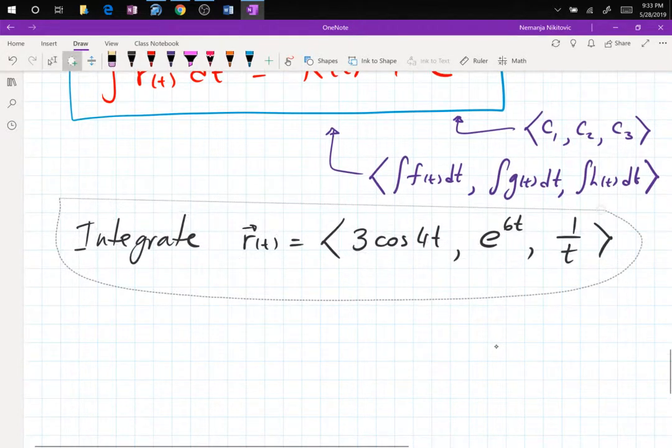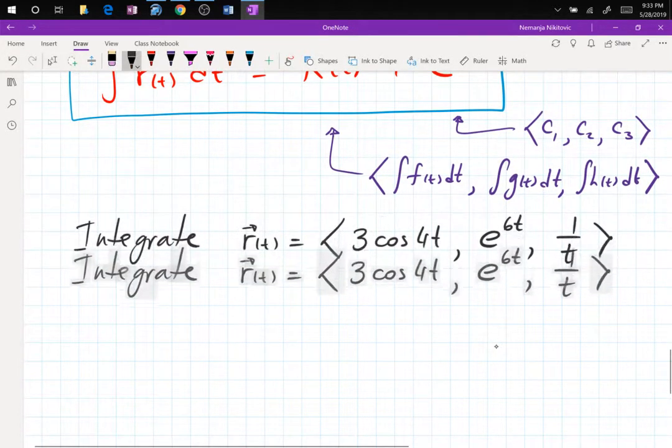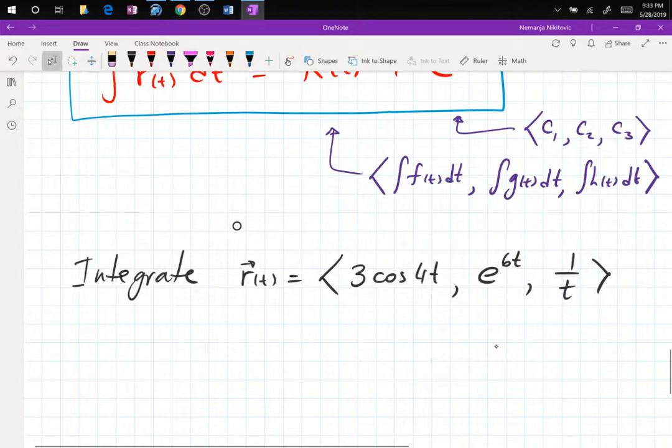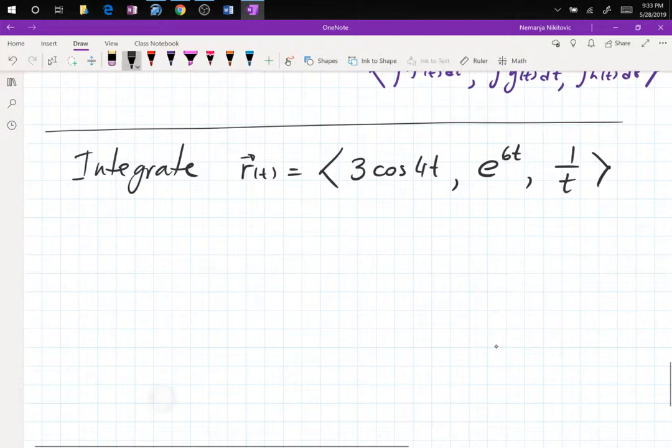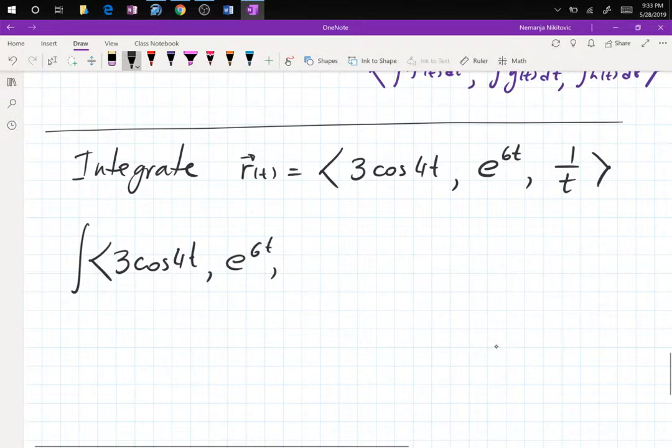So let's say this is your problem. We will say integrate 3 cosine 4t, comma, e to the 6t, comma, 1 over t dt. Remember, we are going to do this component-wise.